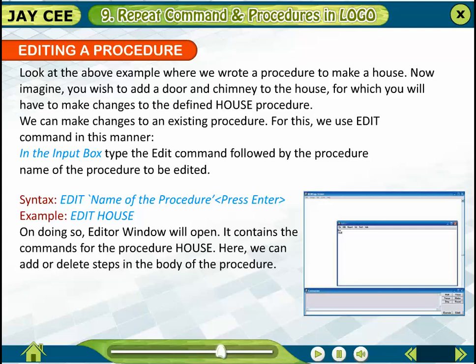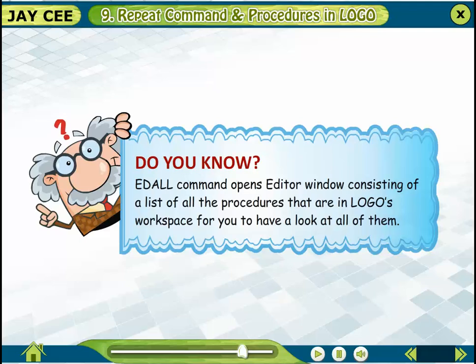Here, we can add or delete steps in the body of the procedure. We can also change the procedure name by editing the title. Do you know, the edit all command opens an editor window consisting of a list of all the procedures that are in Logo's workspace for you to have a look at all of them.